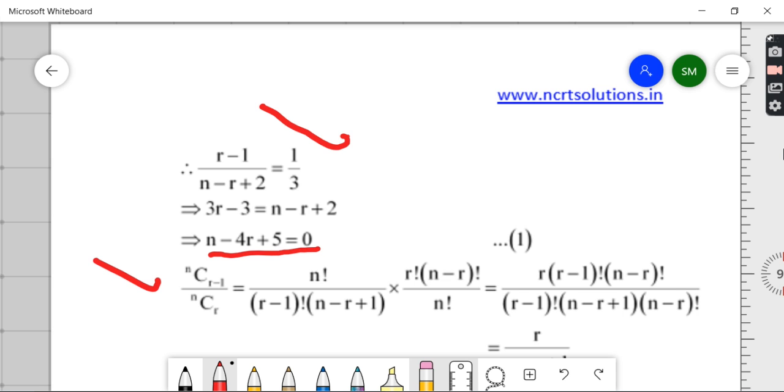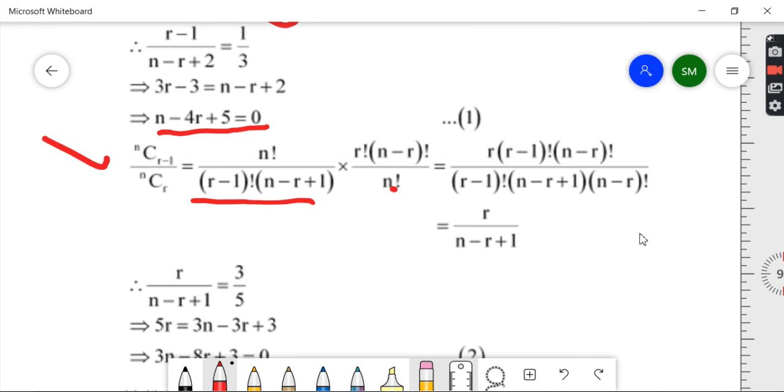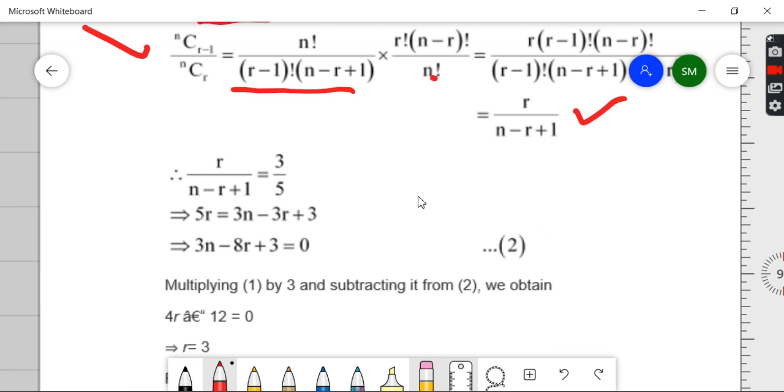Similarly, for the second one, nC(r-1) upon nCr, this is n factorial upon (r-1) factorial into (n-r+1) factorial, into r factorial upon n factorial. Simplify, you will get equation number 2, that is r upon (n-r+1), equal to 3 : 5, which gives 3n - 8r + 3 = 0.